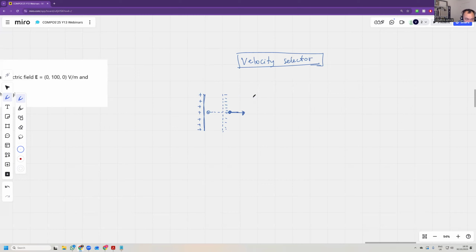So you want something called a velocity selector. Basically, it's a filter: if you have a fixed velocity that we need, it goes through, and if it doesn't have that exact velocity, it is stopped.